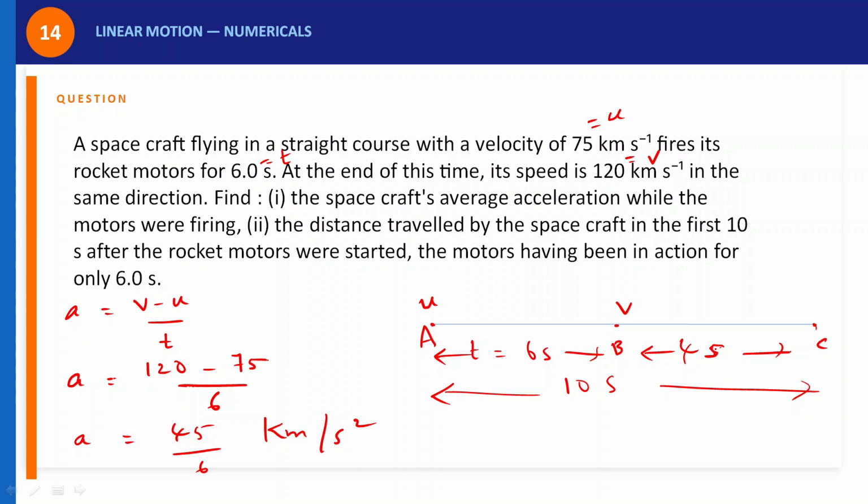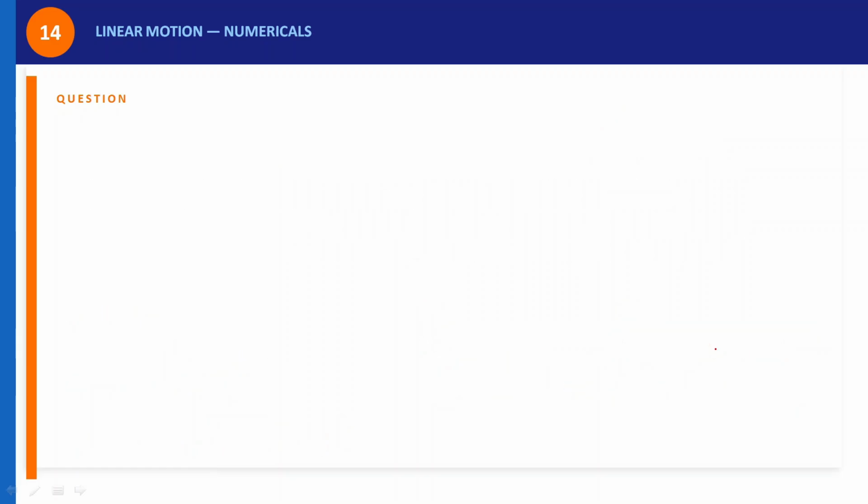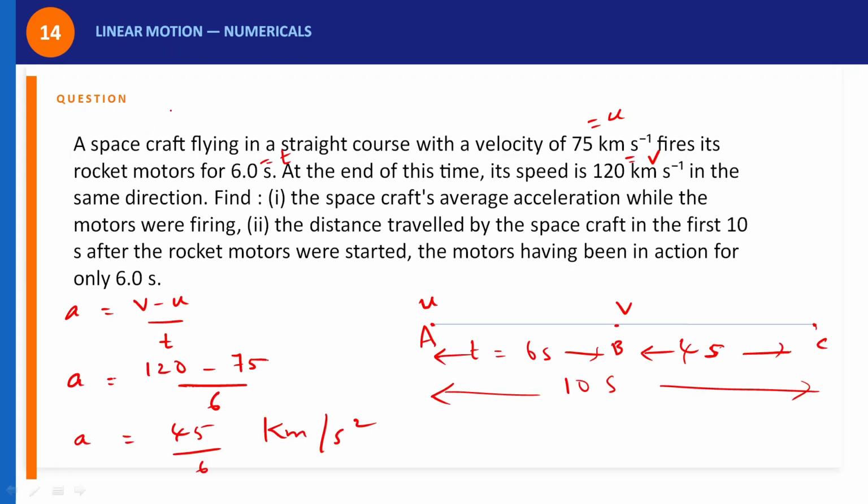Then first I would like to find the value of distance between A and B. I will take the case A to B here. A is the initial, B is the final.